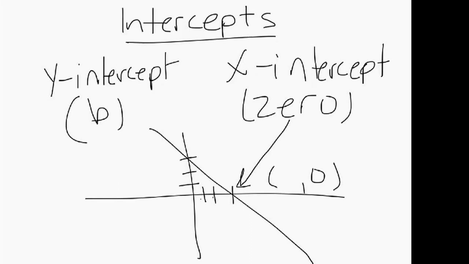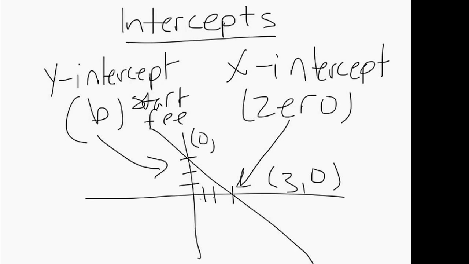So this is 1, 2, 3, 0. The b, or initial fee, or startup fee, is right there, and it is always 0, a number, like 1, 2, 3. So the numbers don't have to be 3, but the y-intercept will always have an x of 0, and the x-intercept will always have a y of 0.